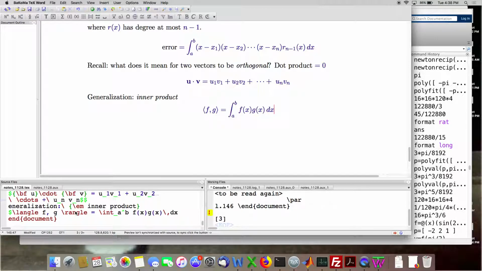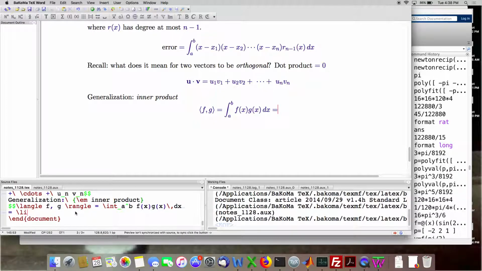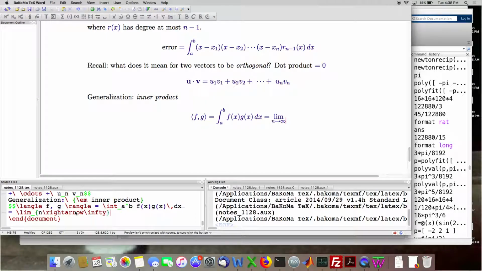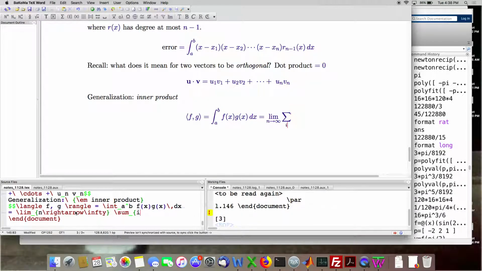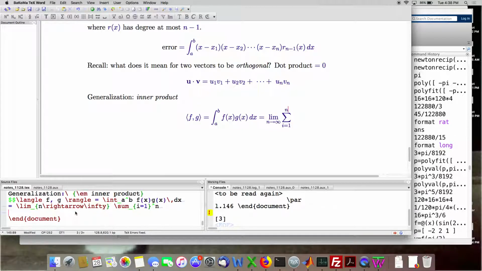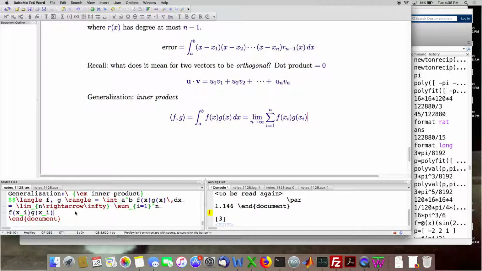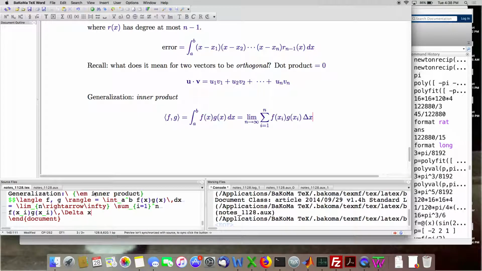Now, the reason why this is a generalization of a dot product is I will recall for you the definition of a Riemann integral, where you take your integrand, evaluate it at several points, and then you multiply it by a delta x.